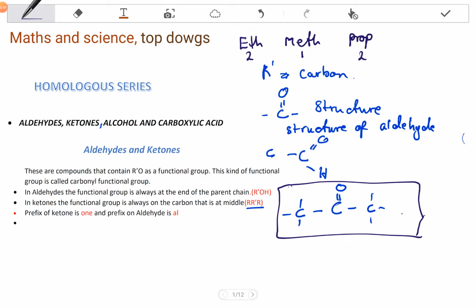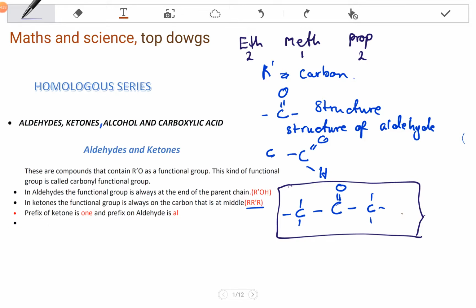For the starting point of a ketone, you must have at least 3 carbons in order to get a ketone. So a ketone doesn't have a meth and doesn't have an eth. We have no ketone compound starting with meth or eth. We're starting from above, because it must contain at least 3 carbons, so you already skip meth and eth. Okay, hope you get it.